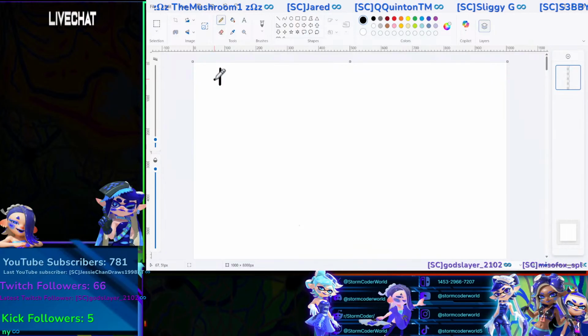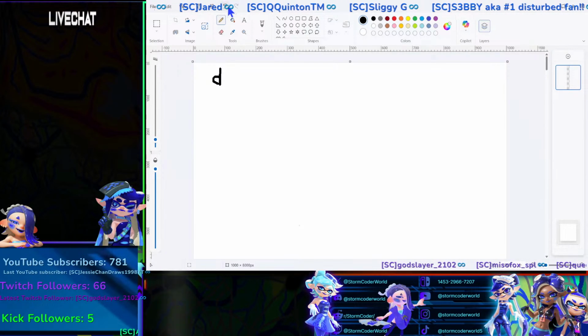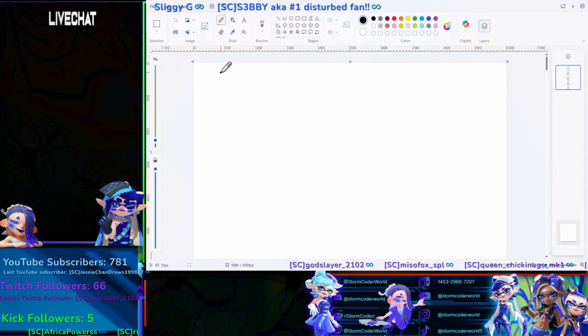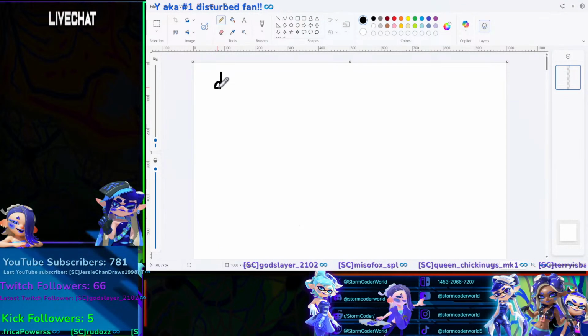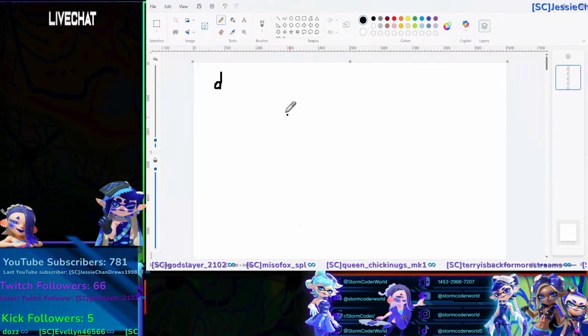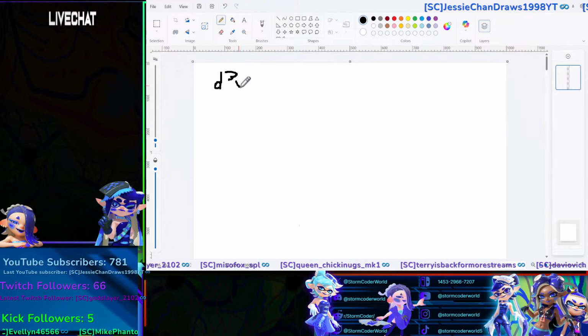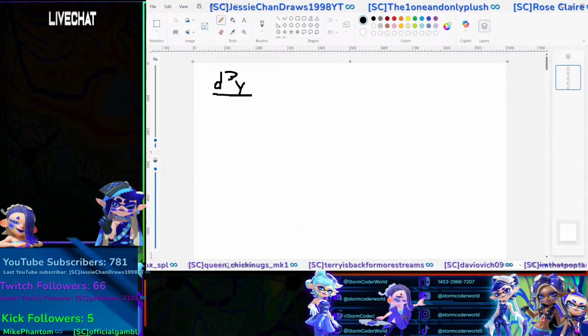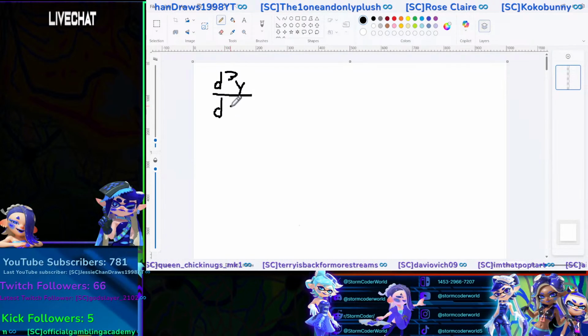Okay, my handwriting is not good. I'll actually make this smaller, like around there. Do keep in mind, because I have to do this on the computer, it's a bit more difficult than by hand, but I'll try and do my best here. And then, okay, know what this is?